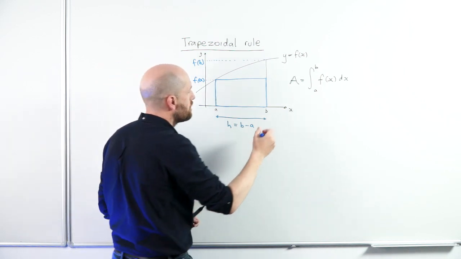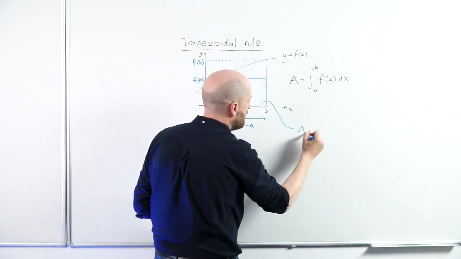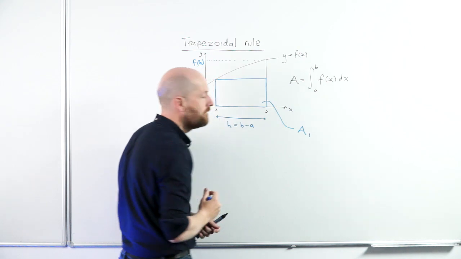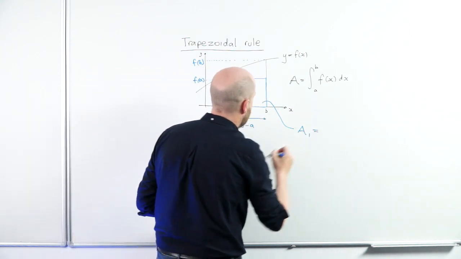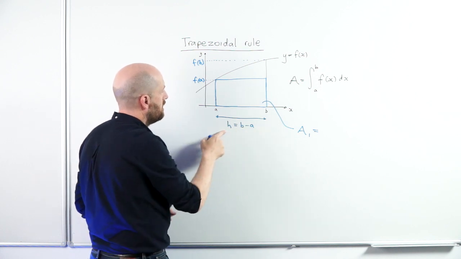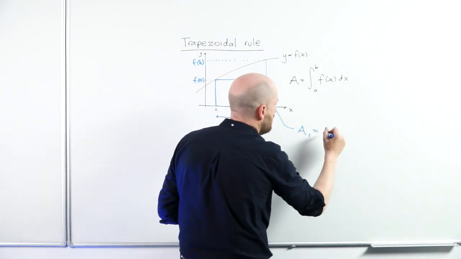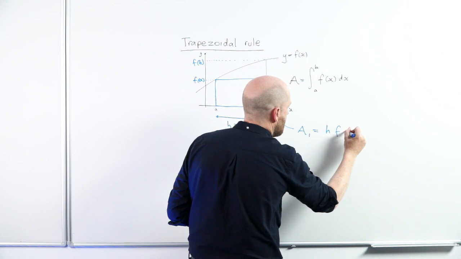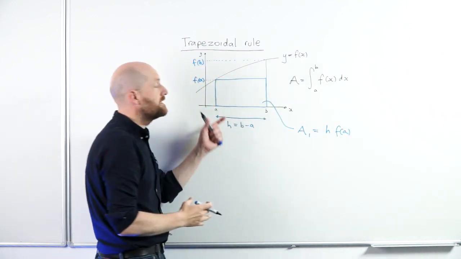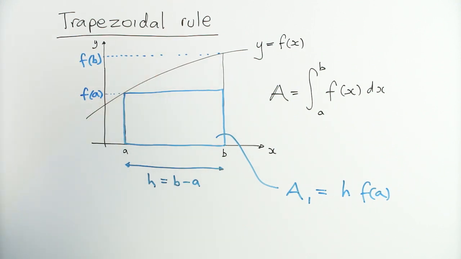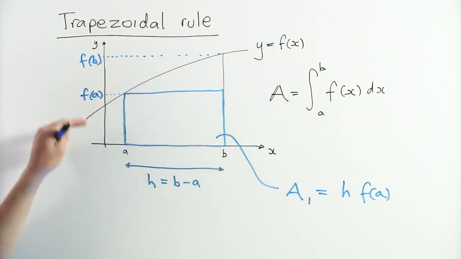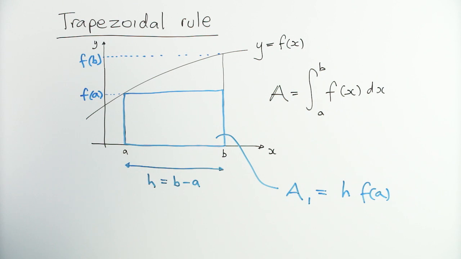So the area of the rectangle, let's call it A1, this first bit of area, is just this width multiplied by the height, so it's h times f of a. You can see this is a really bad estimate, probably pretty bad depending on what the function looks like. Unless the function is flat, this is not going to be a good estimation.